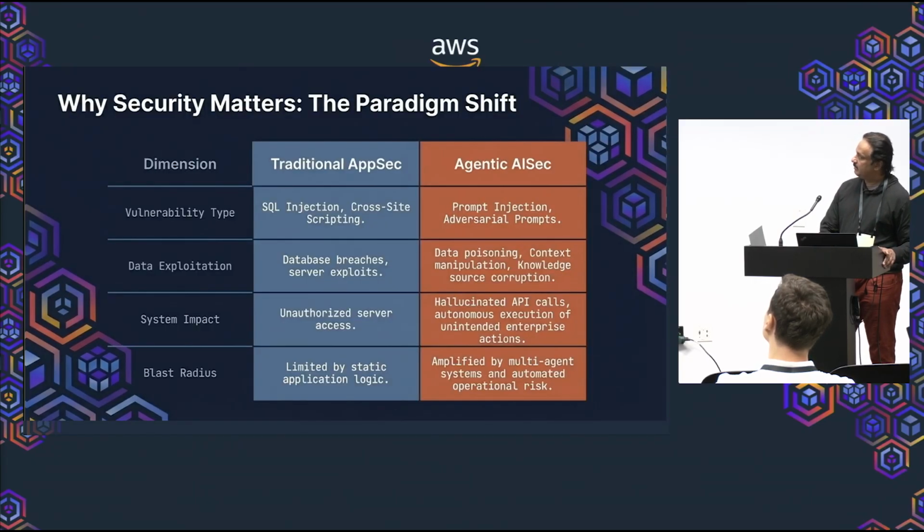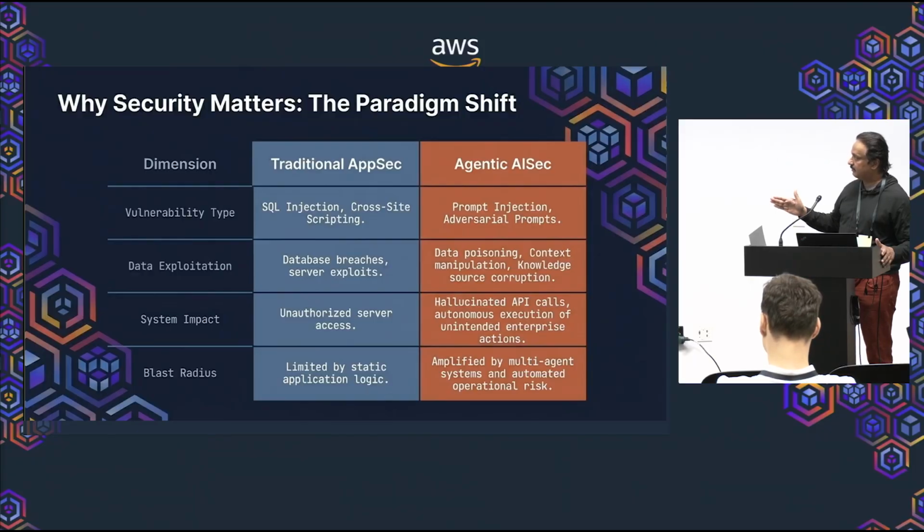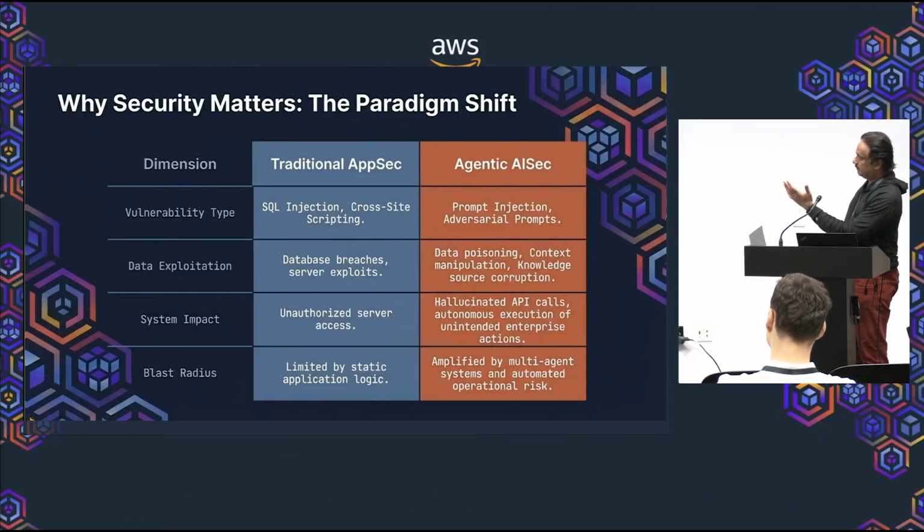So why security matters? Traditionally, from an application point of view, the threats are listed on the left side. Traditional app security, we have SQL injection, cross-site scripting, data breaches, unauthorized server access, and the scope of the impact.